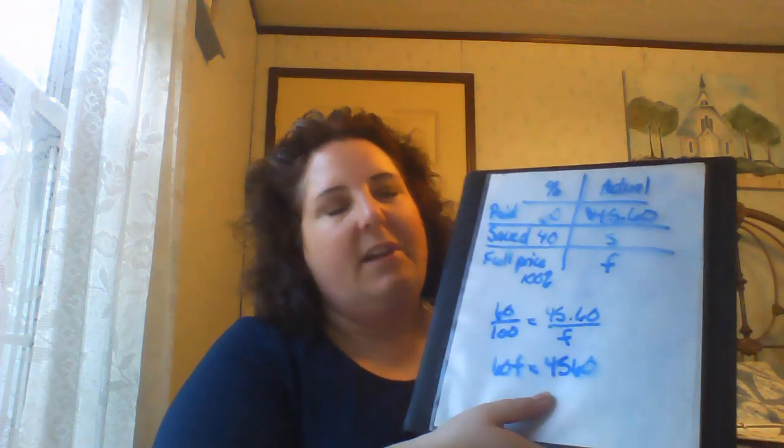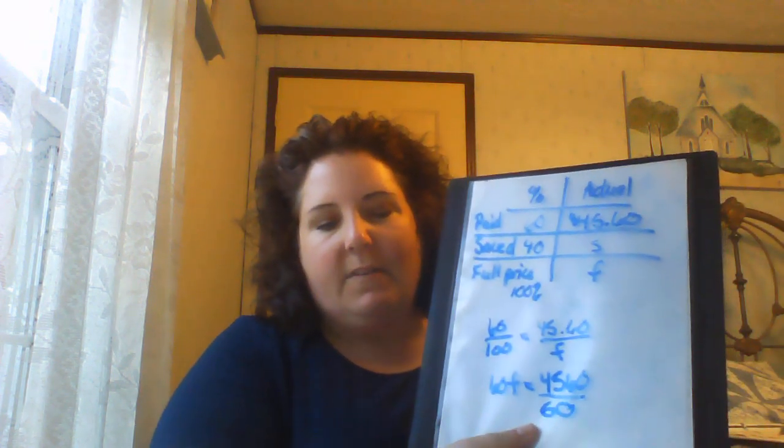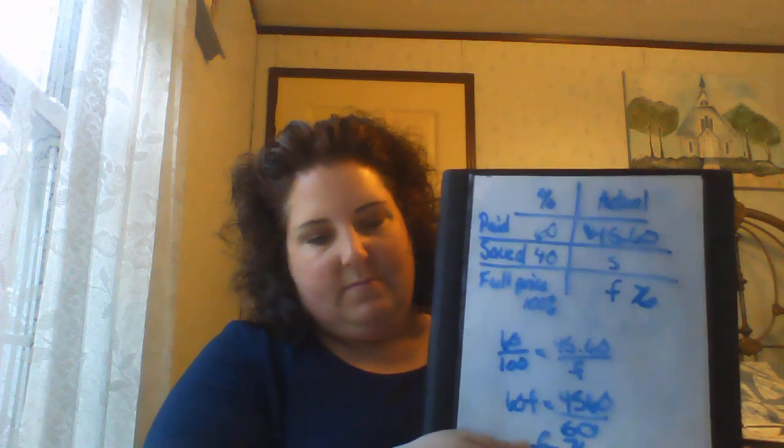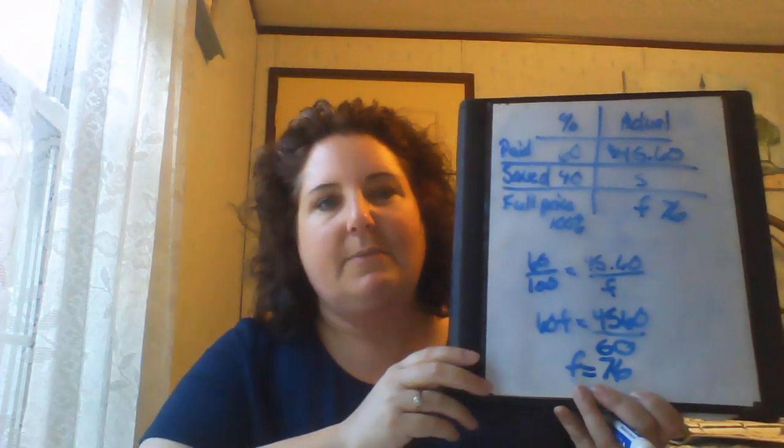Now, what I do is I take that 4,560 divided by 60. Okay? So, 4,560 divided by 60 equals, F equals 76. So my full price is $76. So the full price of the shoes was $76.